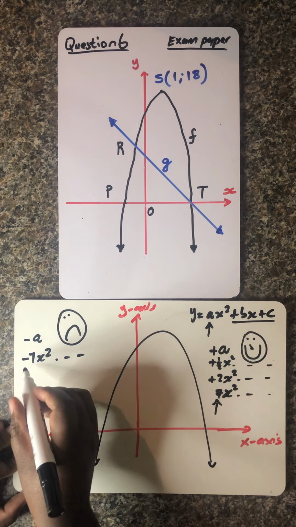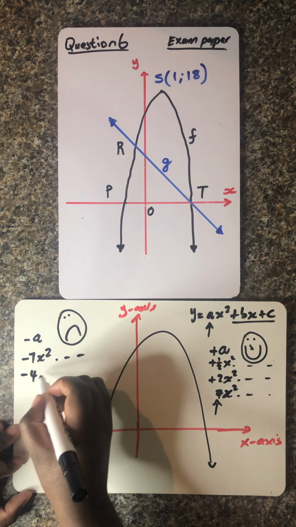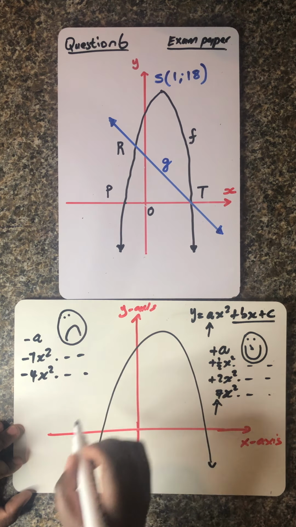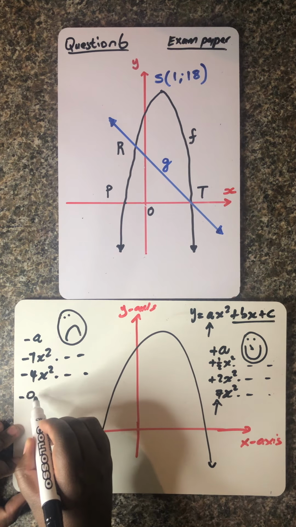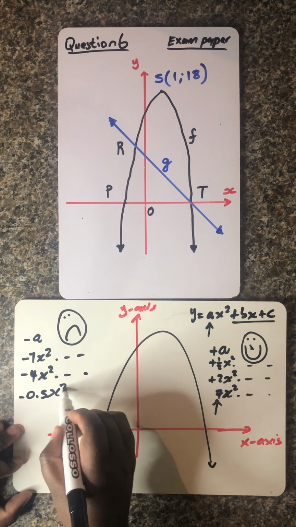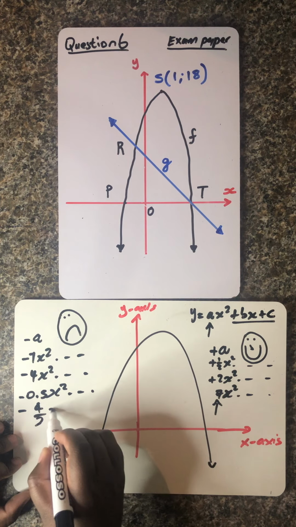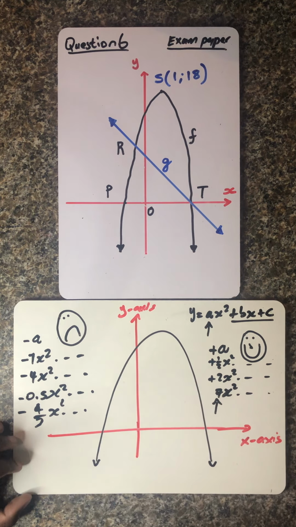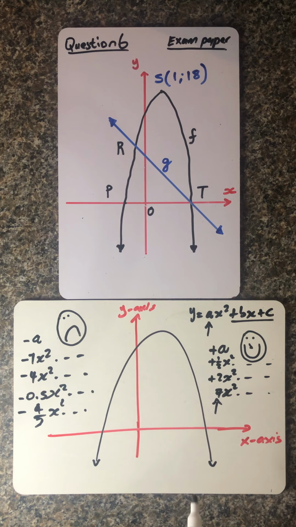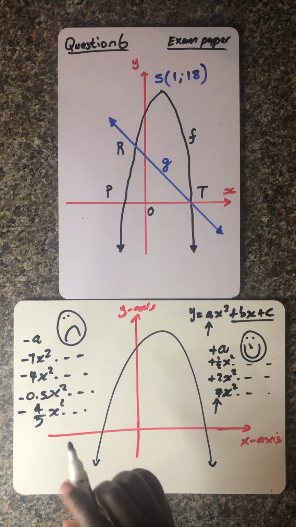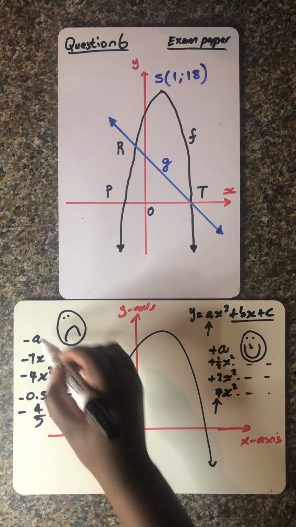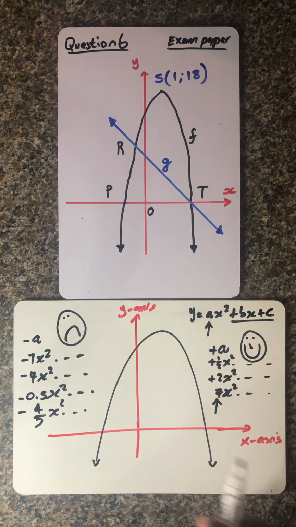So if you've got negative 4x squared, or negative, let's say, 0.5x squared, or negative 4 over 3x squared, what I want you to notice is that for a negative a, you've got this type of shape.